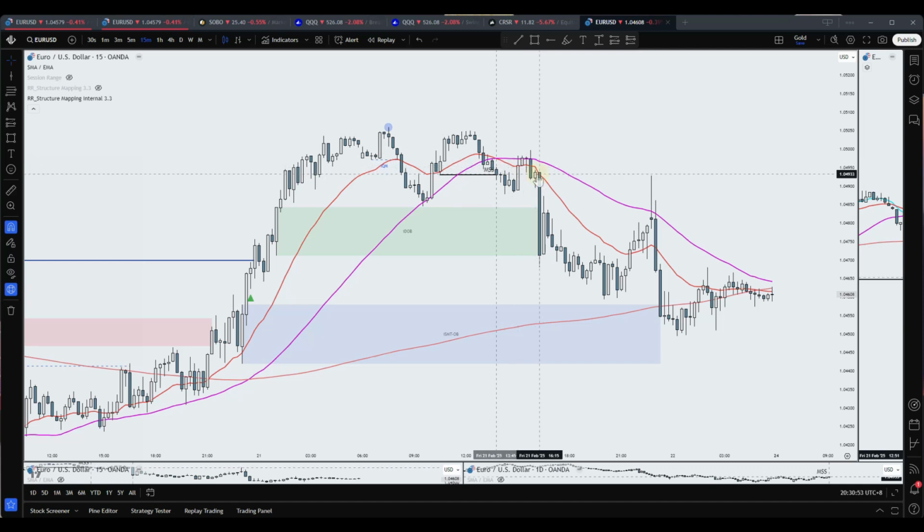So it turned what? Shorter term bearish. What is the shorter term bearish? 21 is less than 50 and 50 is greater than 200. Yes or no? Check your screenshot. Isn't it the shorter term bearish?